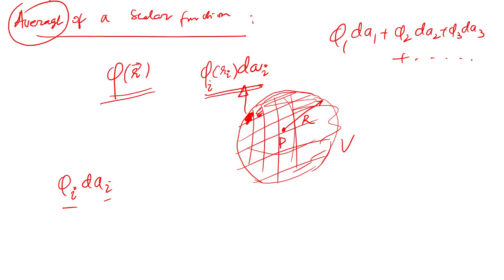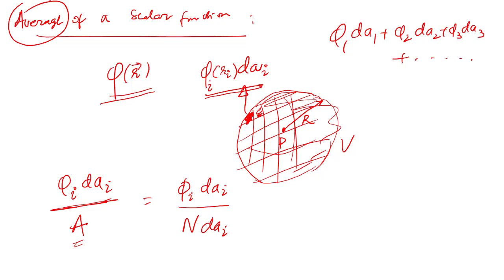So then if I divide this by the total area, right, then I can write this as phi i dAi over the total area. This area is something like the total number n times dA.